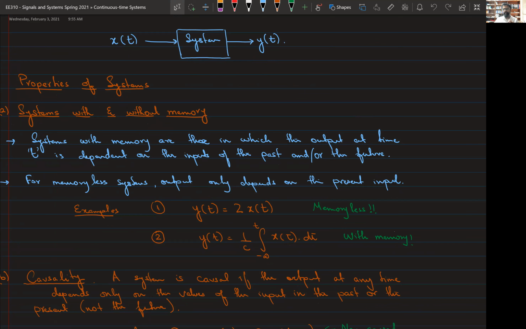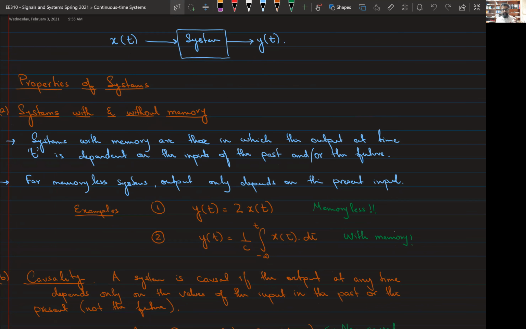Then we say there are certain properties which characterize systems. Property number A could be with memory or without memory. If a system is memoryless, all that means is that the output at any time t does not depend on the input except at that time t, neither on the future nor on the past.